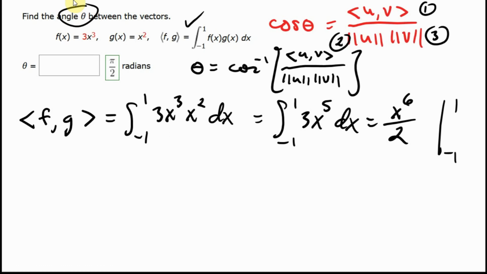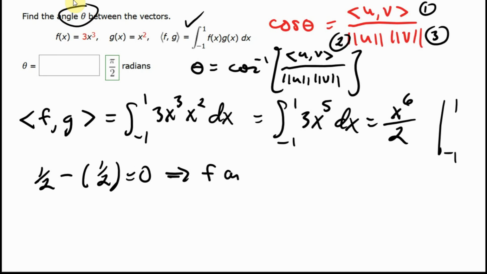Now it's even, evaluated from -1 to 1, so that area would cancel out, you get 0. So here we get 1/2 evaluated at 1, minus 1/2, because x to the -6 is still 1, so we get 0.